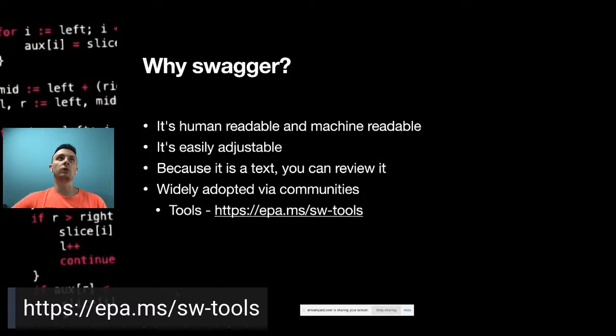When you do some kind of architecture review, or service refactoring, or changes of API, you are explicitly showing in your diff in source control that you're making changes to the API. It's also widely adopted by communities, and because of that there is a wide variety of tools built on top of Swagger. You can go to this link and see for yourself. It's pretty huge, and most of the languages support it.